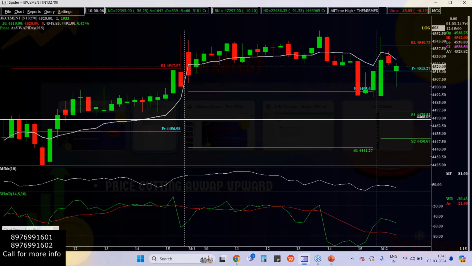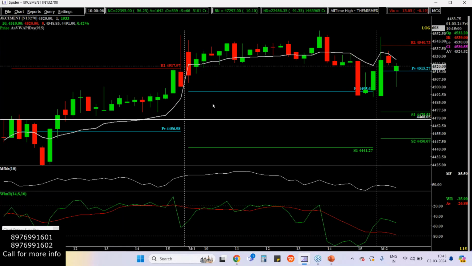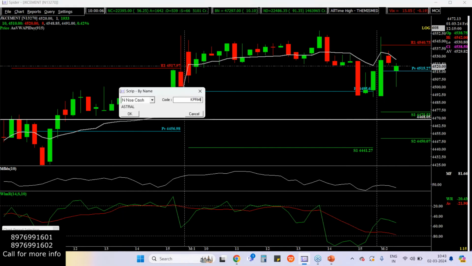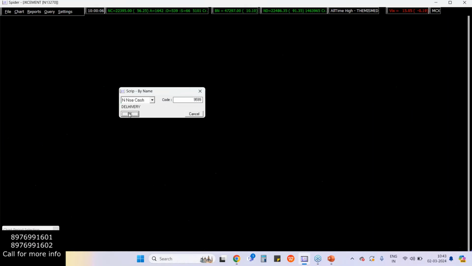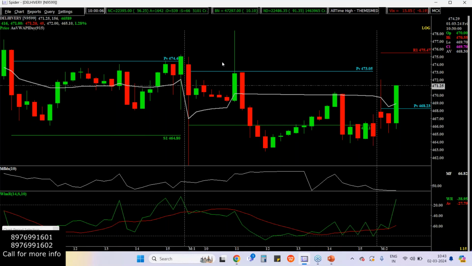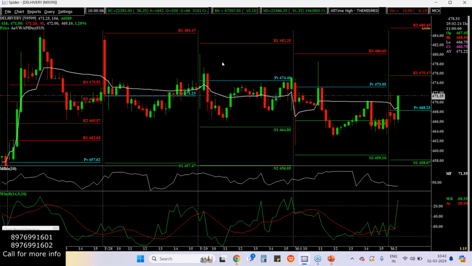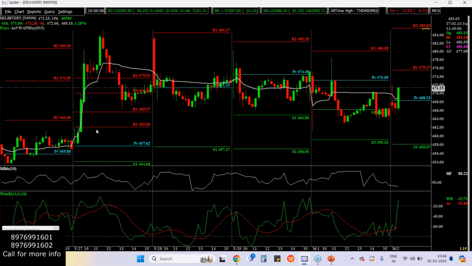Okay, I'll show you how these conditions look on the chart. I'll open one particular stock and show you how this strategy works there. So we can see that in, I can say, Delivery. This condition was satisfied on this particular candle, the 9:45 candle.